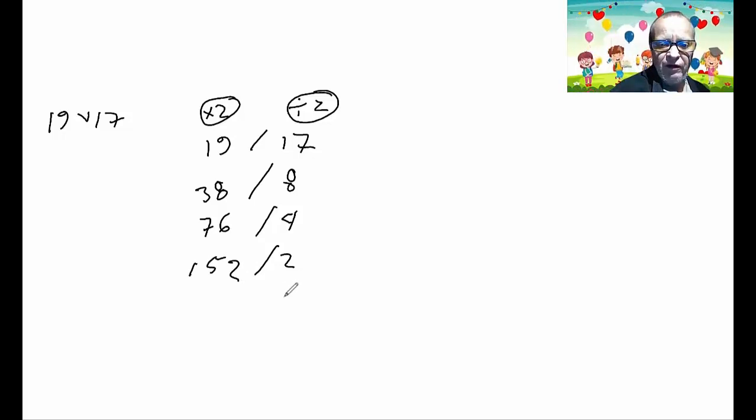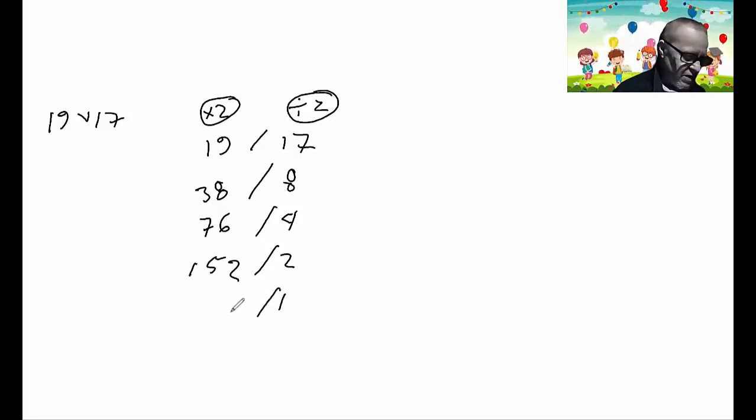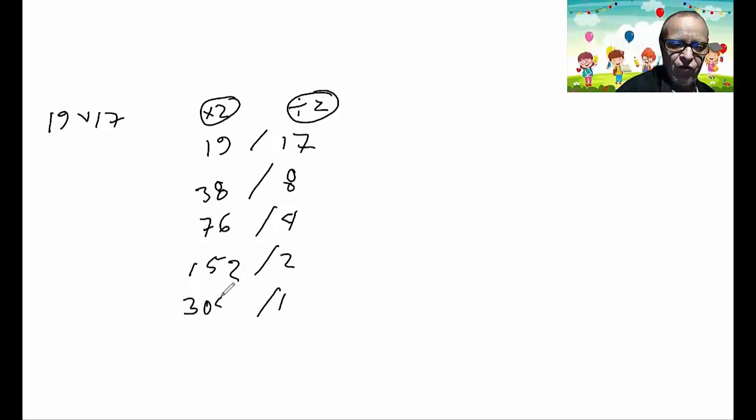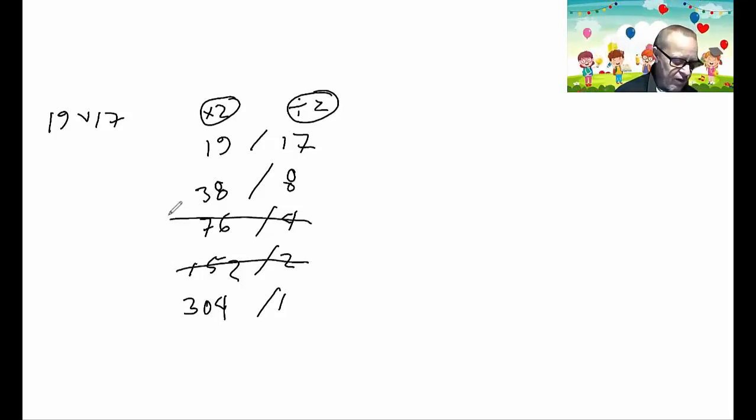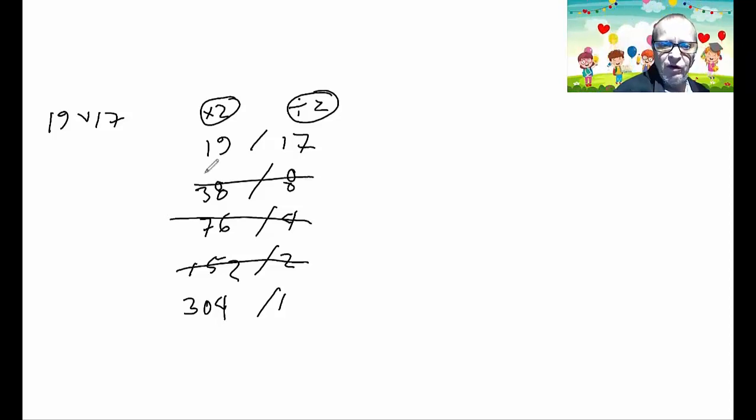And then 2 divided by 2 is 1, and I double 152 and I get 304. Then I cross out on this side all the even ones, because 8, 4, and 2 are even.